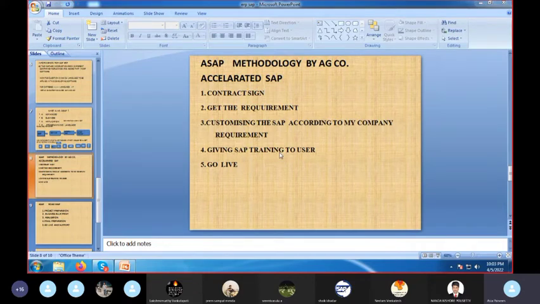They used to go to the company organization and give training to those who are operating on that. Then the SAP will go live at that time.